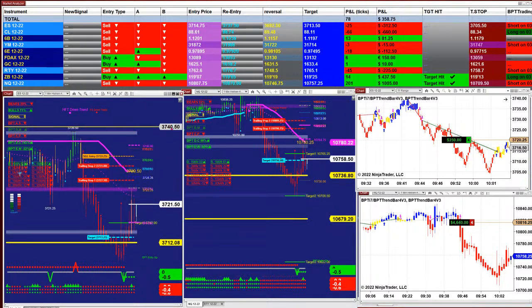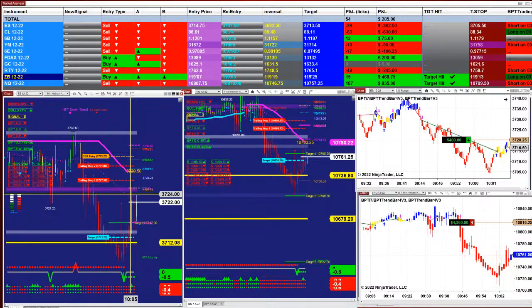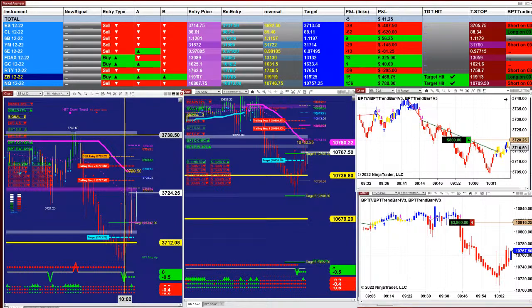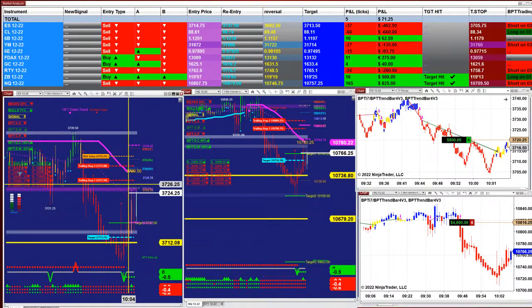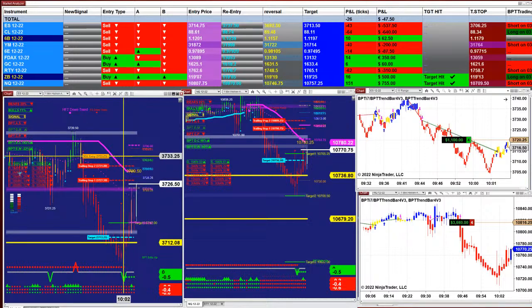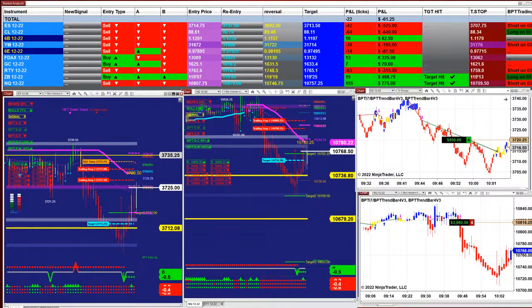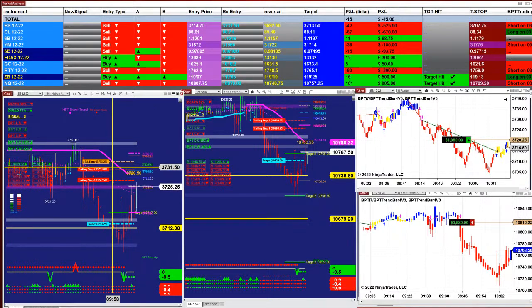Most traders, or amateur traders, don't know there is a certain area on a chart you don't trade. It's not just a dishwasher machine. There is a certain area on your chart you do not trade, and this is one of them. Anything above 37.25 all the way to 37.39, from here to here, should not be traded. Why? Because there is a lot of resistance and a lot of technicals.